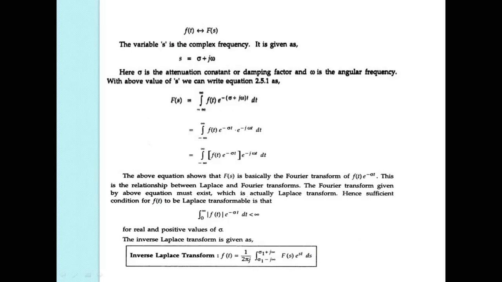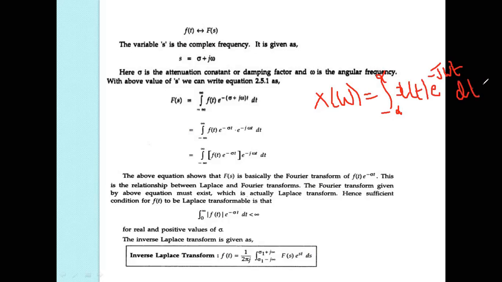The next one is the inverse Laplace transform. We know X of omega is the Fourier transformation, the integral from minus infinity to infinity of x of t e power minus j omega t dt. What is the inverse Fourier transformation?